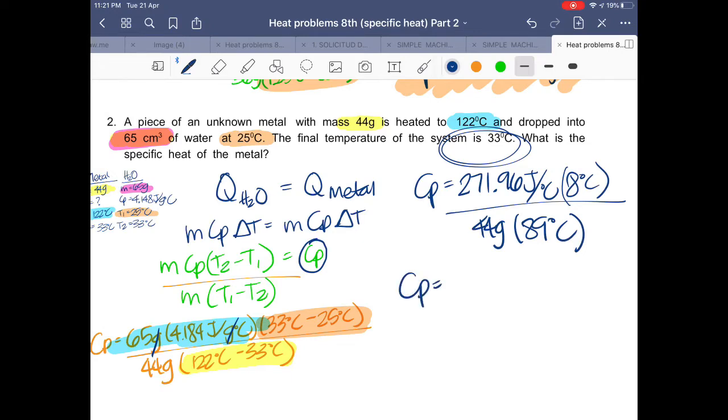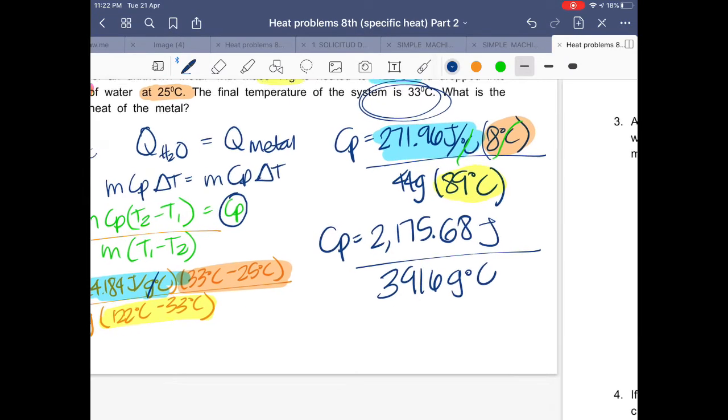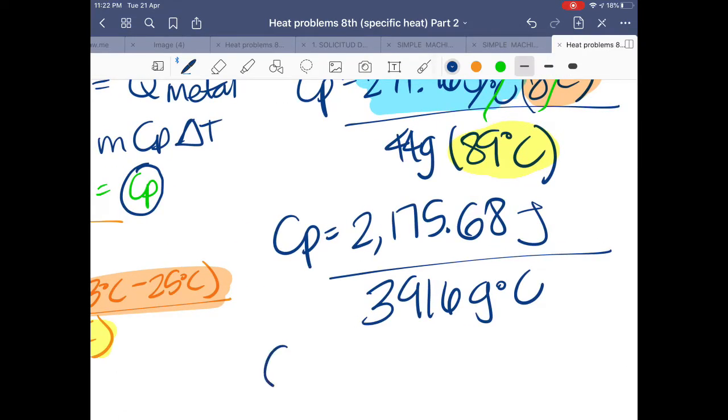So specific heat equals 2175.68. You cancel degrees Celsius with degrees Celsius and you have joules, divided by 44 times 89, 3,916 grams times degrees Celsius.